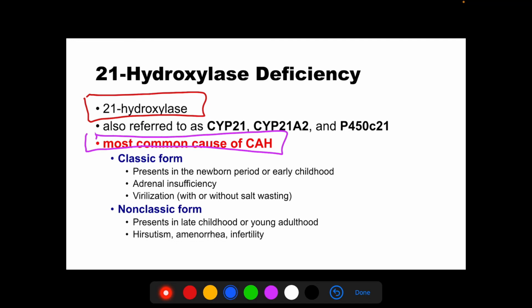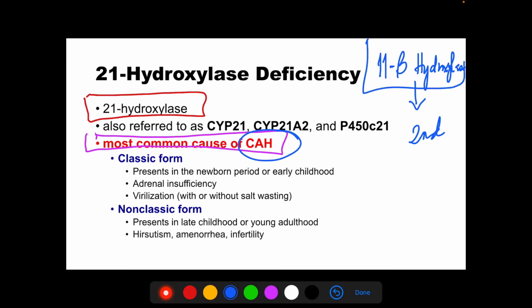And the second cause is the 11-beta hydroxylase deficiency. So again, it's the second most common cause of congenital adrenal hyperplasia, and accounts for about 7% of all cases of CAH.